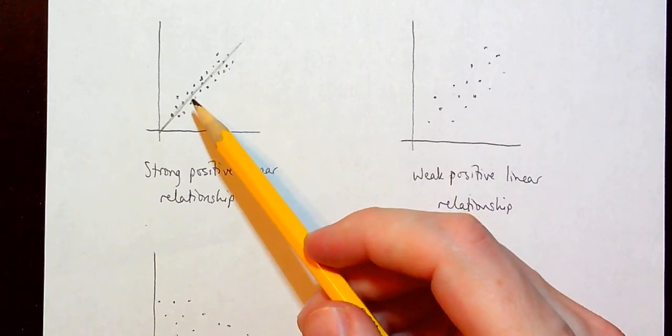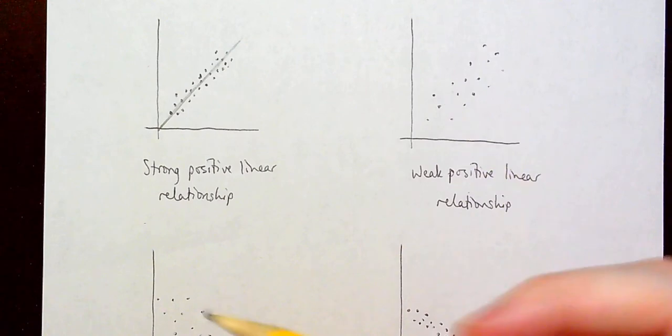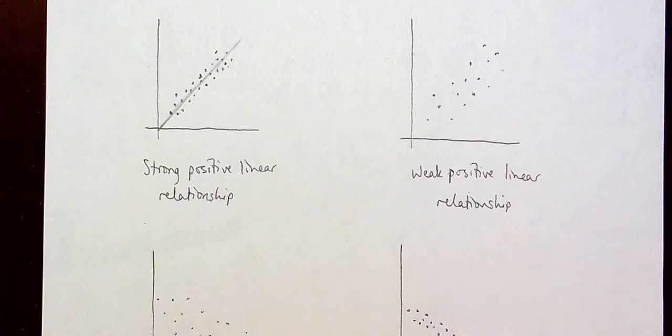It's not missing it by that much. So this would be an example of a strong positive linear relationship. These two quantities, x and y, if you look at their points, they almost form a perfect line.